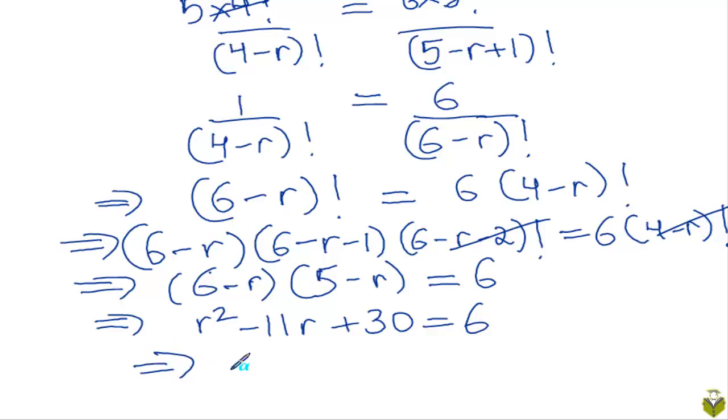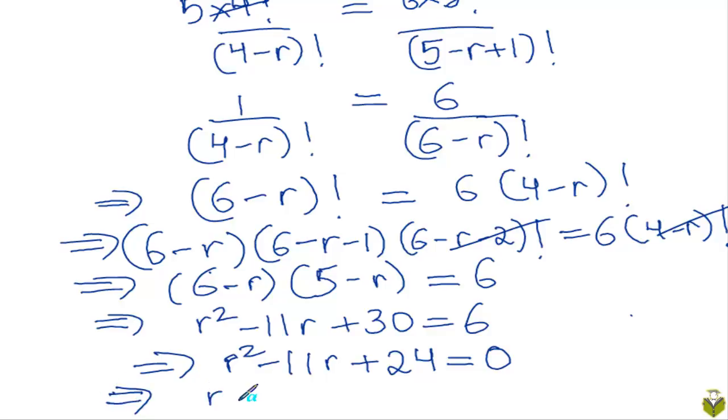And this is a quadratic equation. You have to solve r square minus 11r plus 24 equal to 0. This isn't a class in solving quadratic equations, but you can see that it will be basically (r minus 8) and (r minus 3) if you factorize it, or you can use the quadratic equation formula.